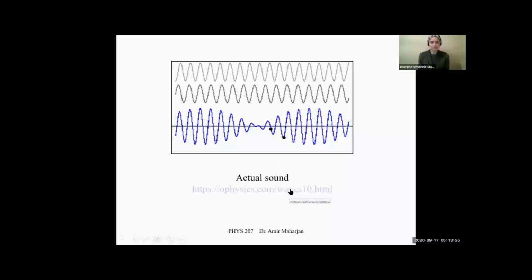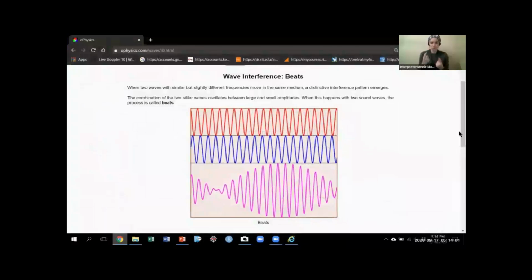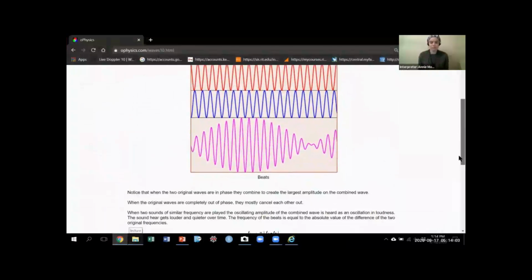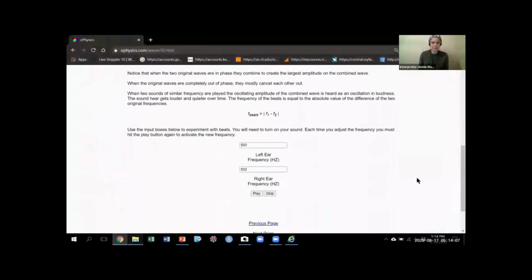So let me first show you this applet, about what beats are. Beats are the ringing sound produced as a resultant wave when two sources of sound with similar frequencies are sounded together. I'm going to sound 500 hertz and 502 hertz together.